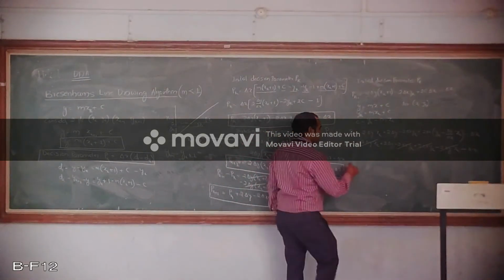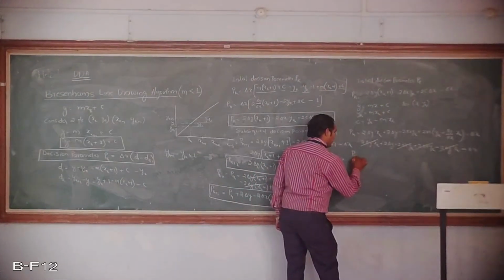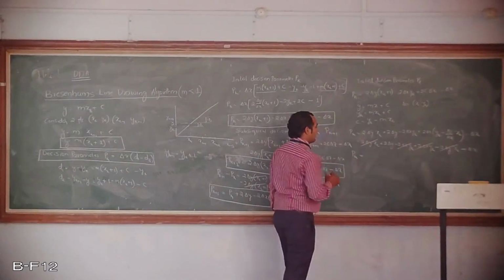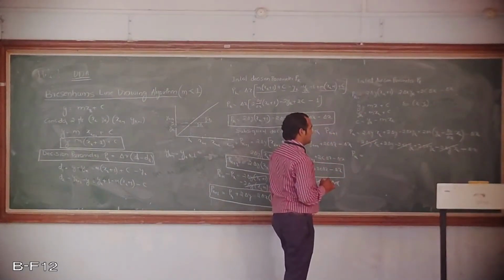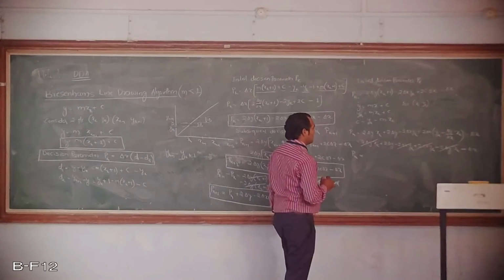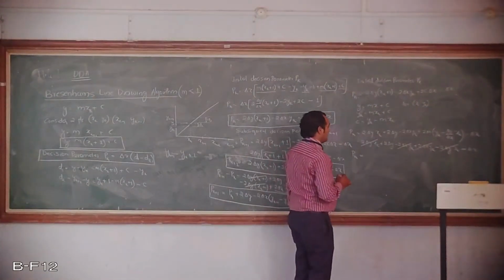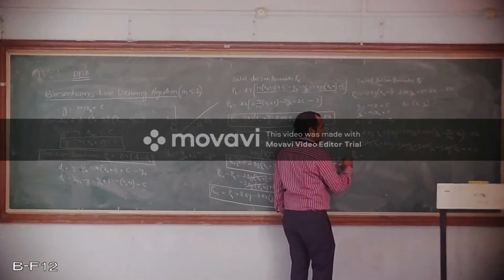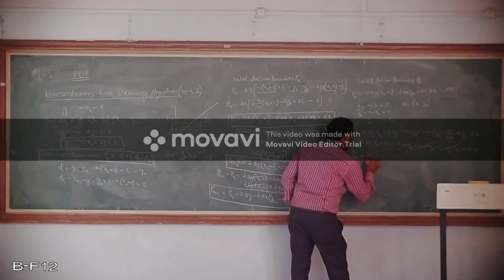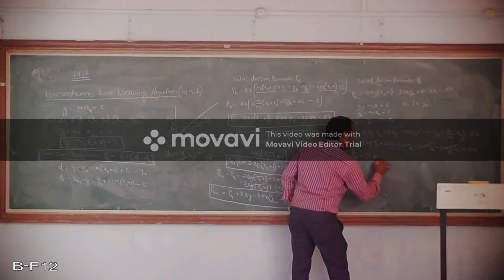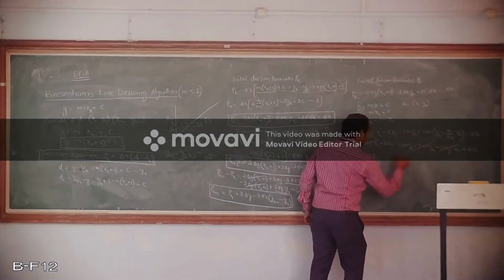Therefore, pk can be written as the value of 2 delta y minus delta x.